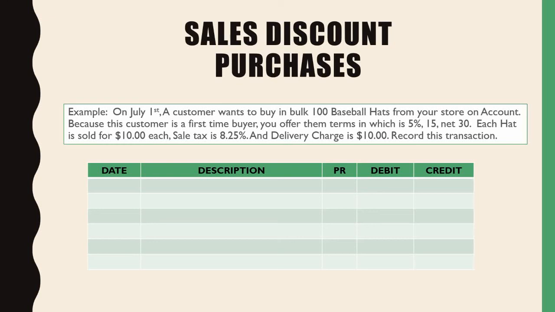So oftentimes when we have an accounts receivable, we generally can give a customer terms. If you remember from purchases, terms also apply for customers as well. You give them a certain amount of days to pay, and if they do pay within that amount of time, they can receive a discount from us.